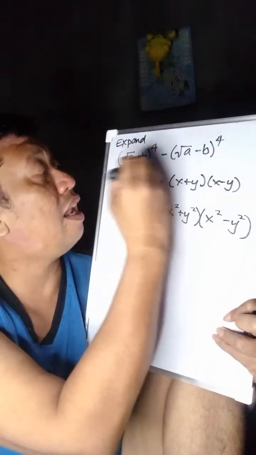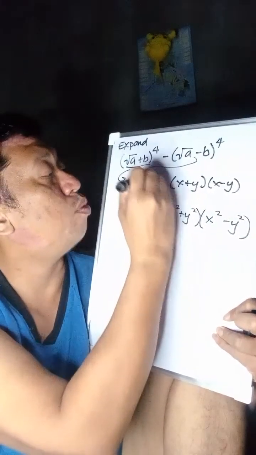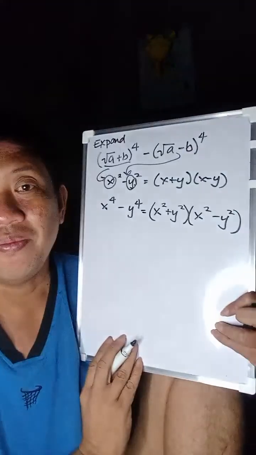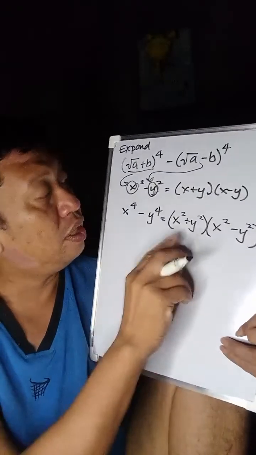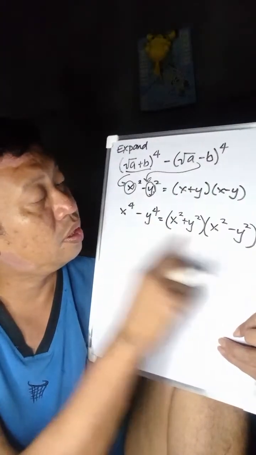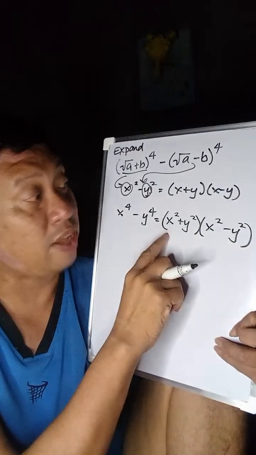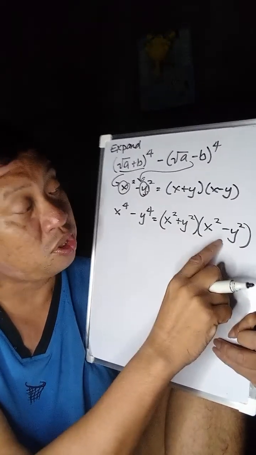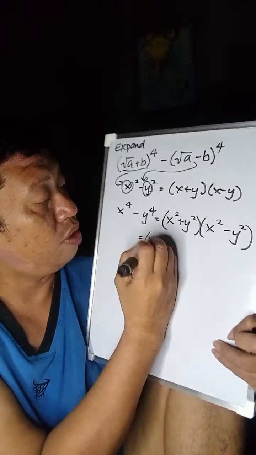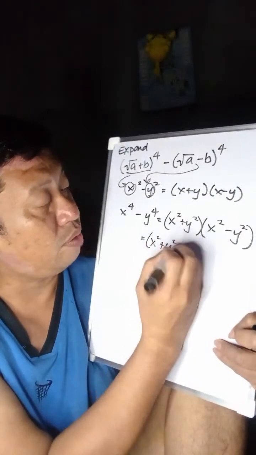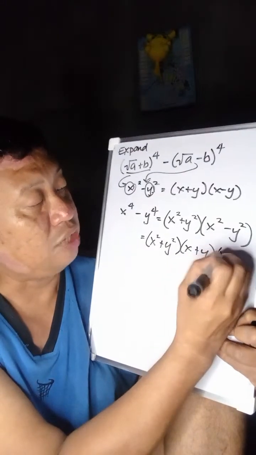Take note, I let this be x and this be y, so it's less tedious to factor. Now, this one is a prime expression, so I cannot factor it further, but I can factor this portion. So it will now be equal to x squared plus y squared, then x plus y and x minus y.